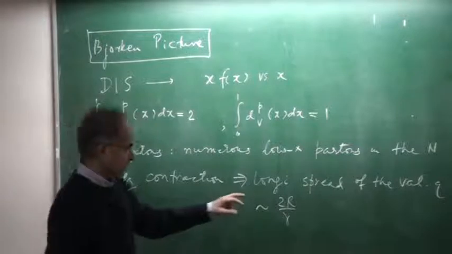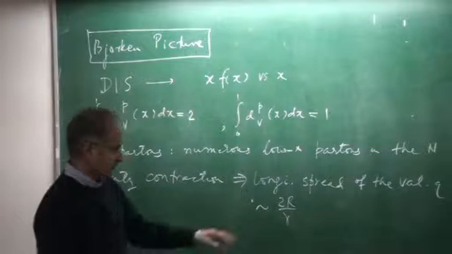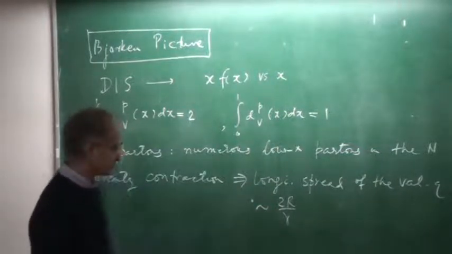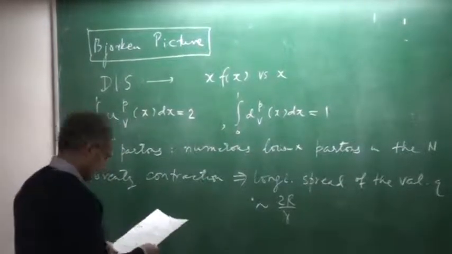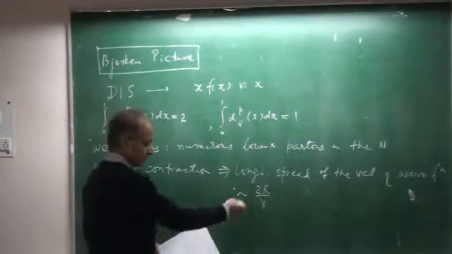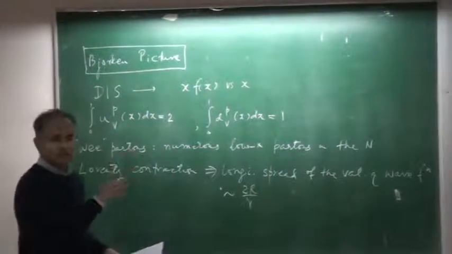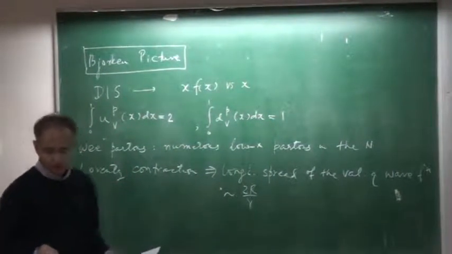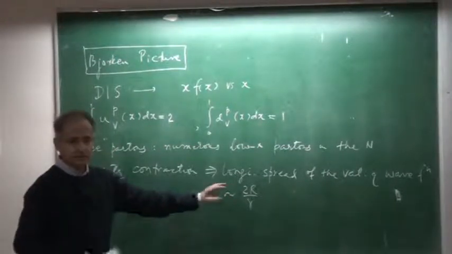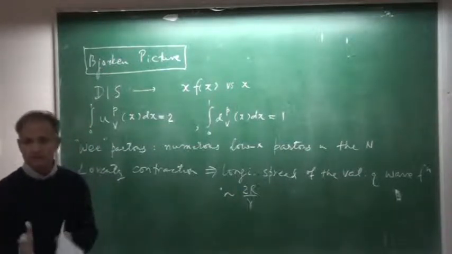Because of the Lorentz contraction, the longitudinal spread of the valence quark wave function is expected to be 2R upon gamma, where gamma is the Lorentz factor. Since gamma is very large, this is very small. However, Gaussian has shown, and I'm not going to show it here, that although valence quark distributions are shrunk, it does not mean the whole nucleus can be shrunk.